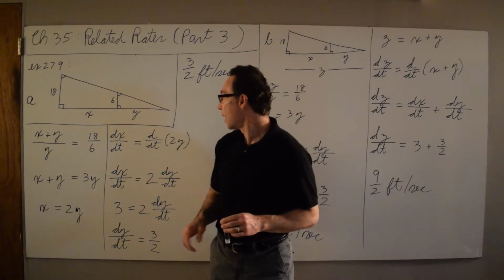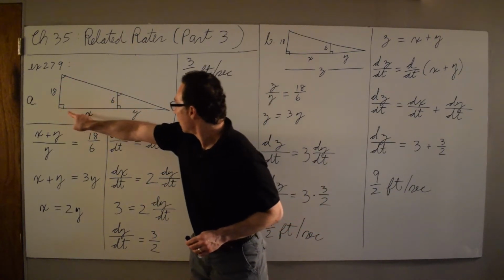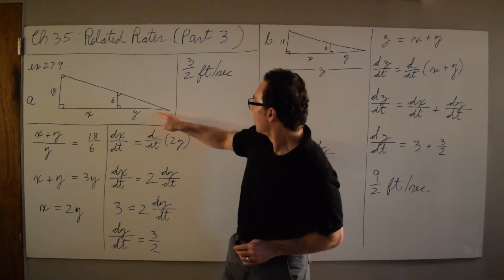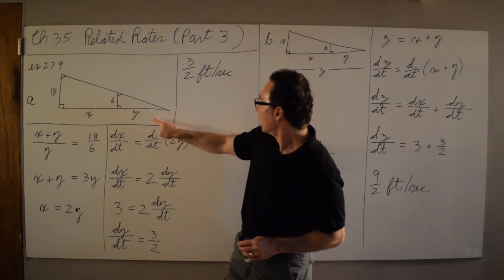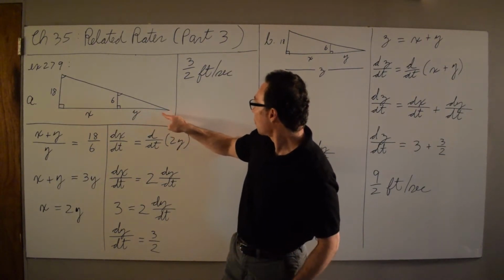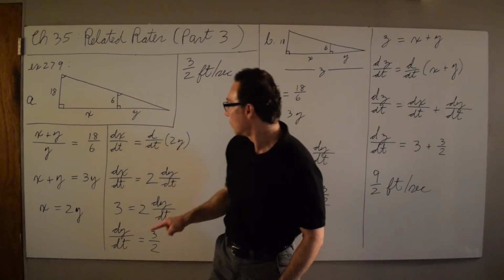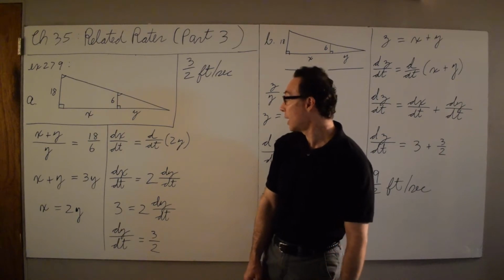That means that we have some proportions. We can take this side of this large triangle, which has length x plus y, and divide by the length of the corresponding side of the smaller triangle, which is y. So we have x plus y divided by y. That ratio is the same.